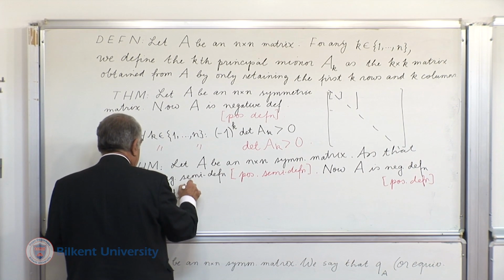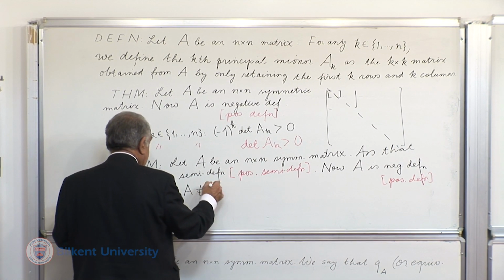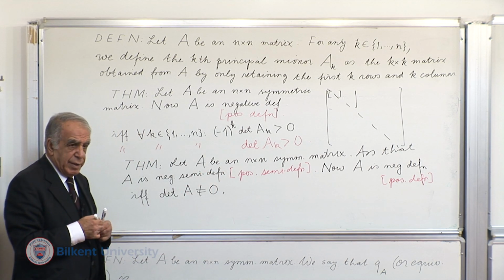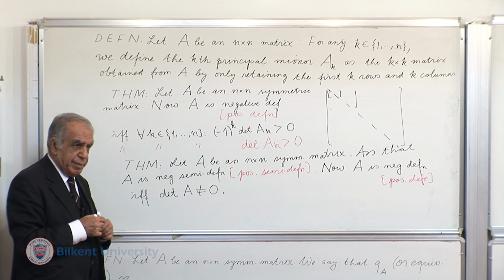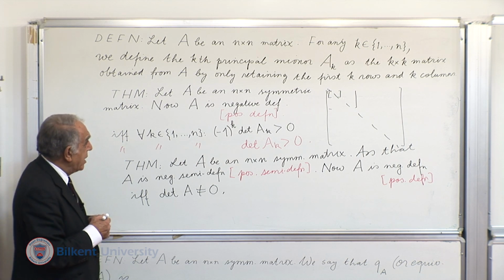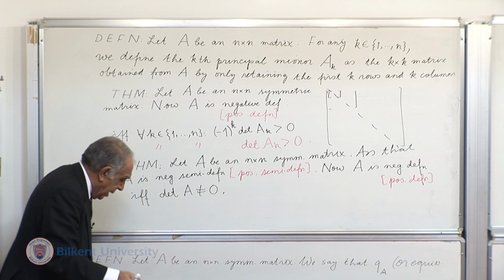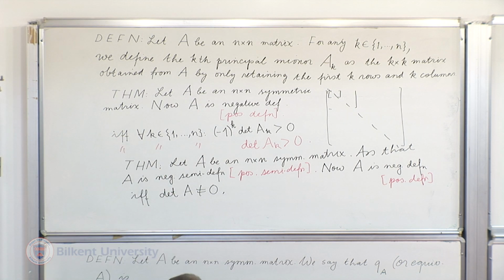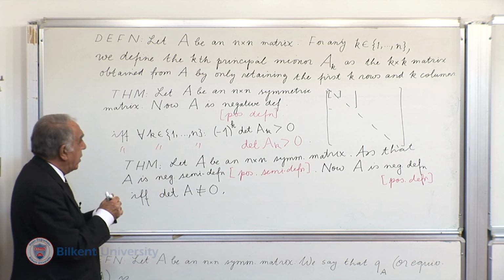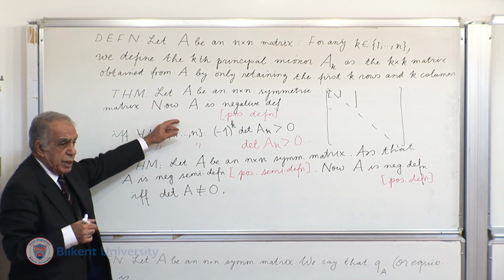One way of expressing that is the determinant of A is different than 0. So as you can see, we have the full characterization and an easy way to decide for the definite versions.